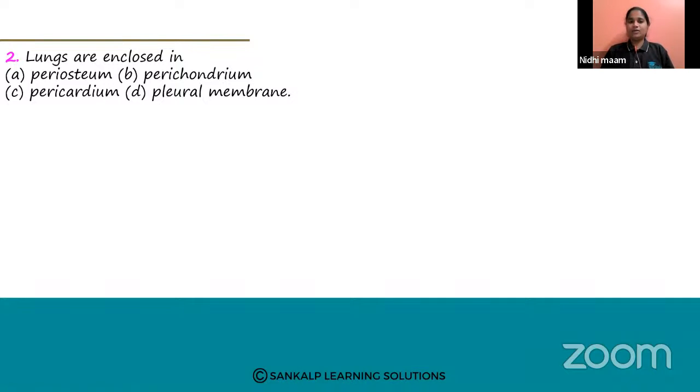So these are enclosed in what? Tell me, who is going to answer quickly? I think most of them are absent today due to midterm exams, right? Okay, lungs are enclosed in. Lungs ಯಾವ್ದ್ರಲ್ಲಿ enclose ಆಗಿರುತ್ತೆ? ಬೇಗ.